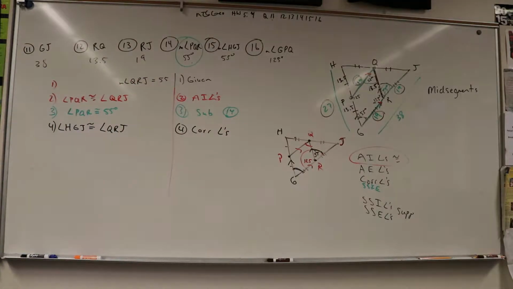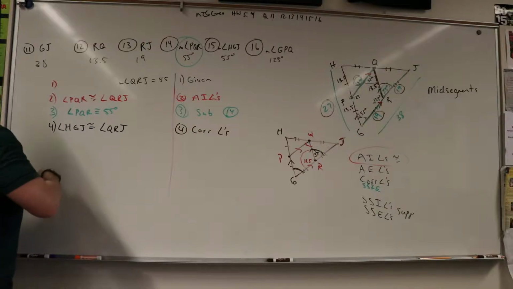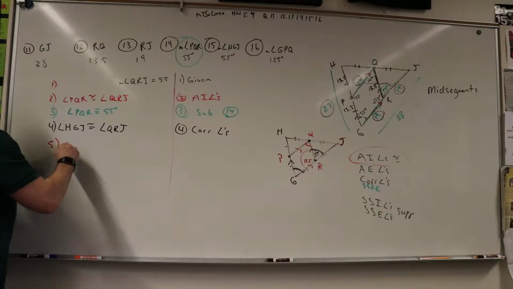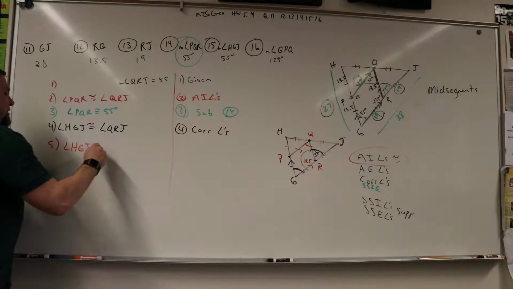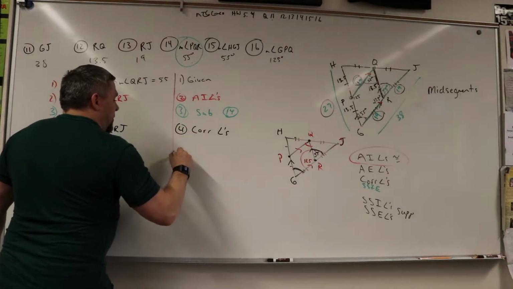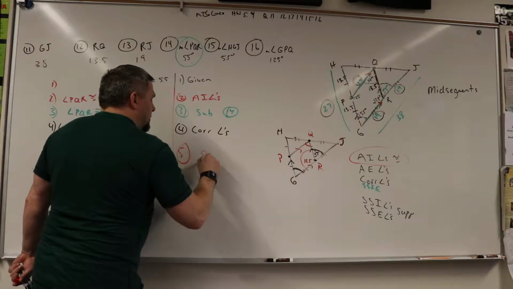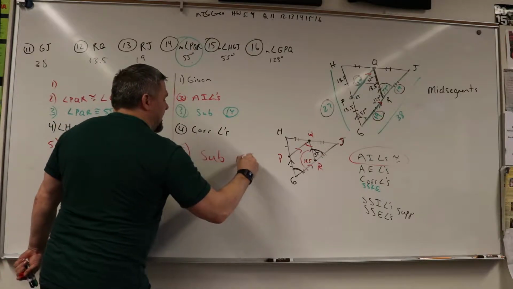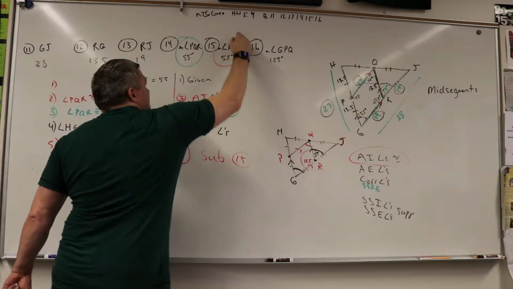And corresponding angles are congruent. Okay? So then we use substitution again. HGJ is congruent to 55 degrees. Why? Substitution. And that's problem number 15. Okay?